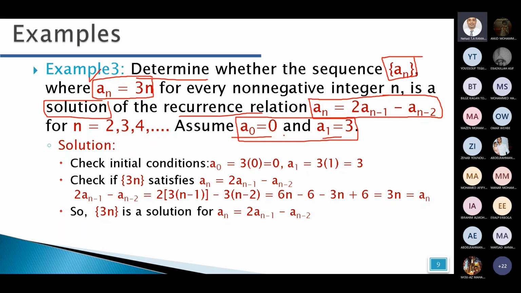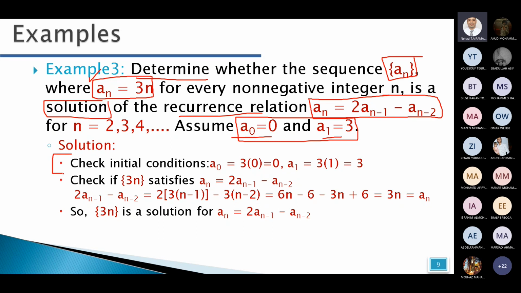The idea here is we check if this sequence satisfies the recurrence relation and if this sequence satisfies the initial condition. For me, I see that usually it's better to start from the initial condition.